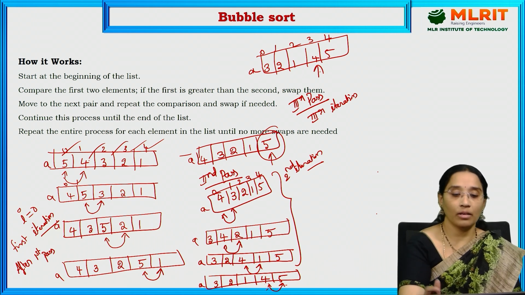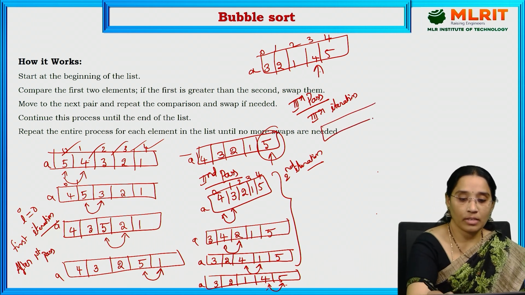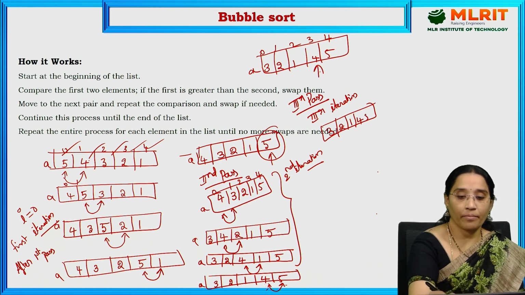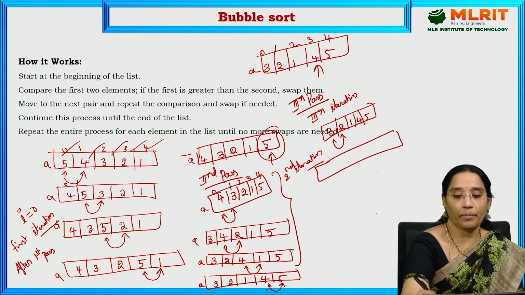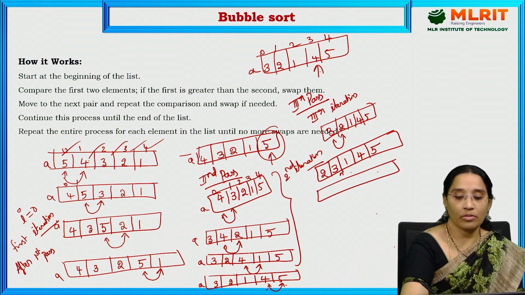The list is 3, 2, 1, 4 and 5. 3 is compared with 2. Obviously 3 is greater than 2, so it's 2, 3, 1, 4 and 5. Next, 3 is compared with 1. Obviously 1 is smaller than 3.